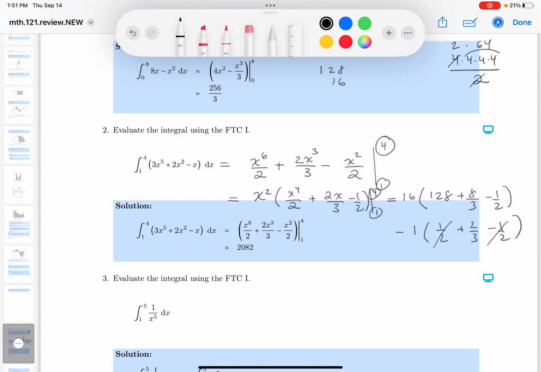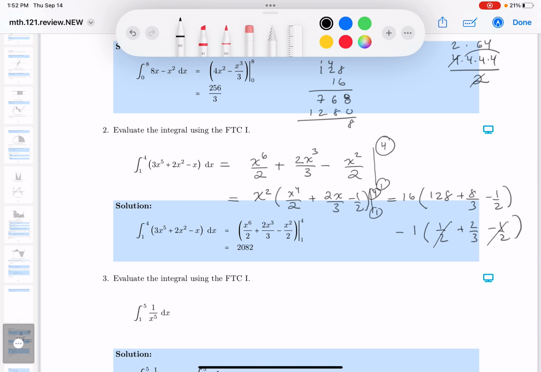times 16. So I'm going to go through the multiplication with you, and 6 times 8 is going to be 48. 6 times 2 is 12. 12 plus 4 is 16. 6 times 1 is 6. 6 plus 1 is 7. All right? Then you're going to do 10 times 128, which is 1280.